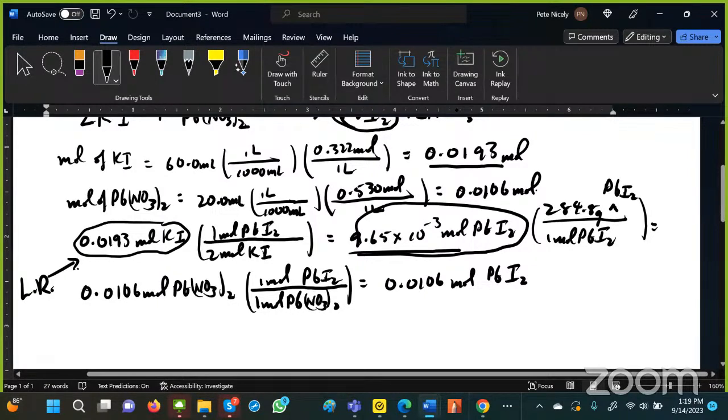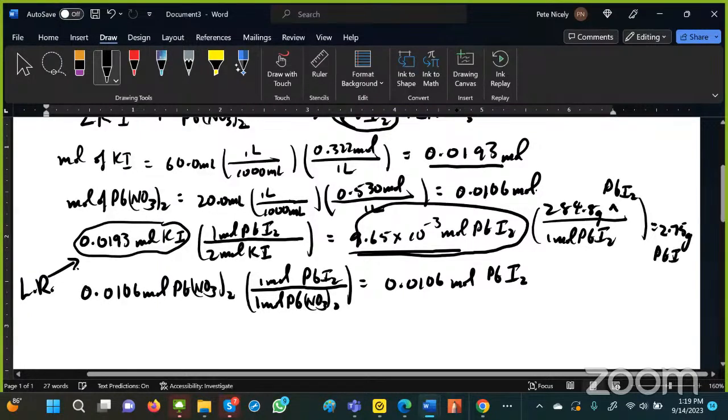So I'm going to multiply 284.8 times 9.65 times 10 to the minus 3. So the answer I got, and please correct me if I'm wrong, because I can make mistakes, is 2.75 grams of PbI2.